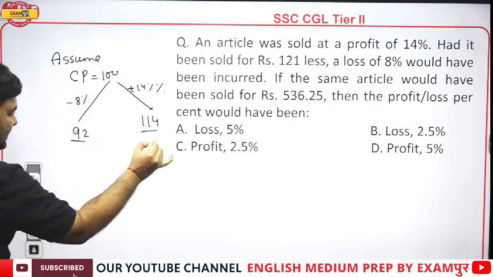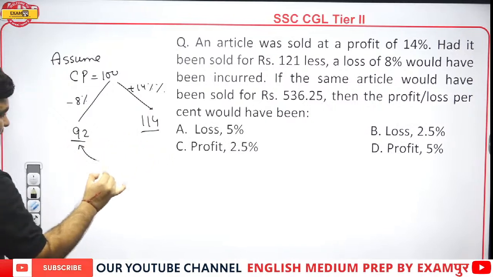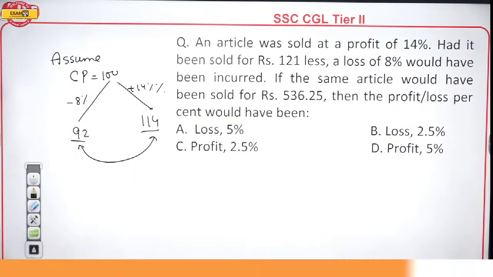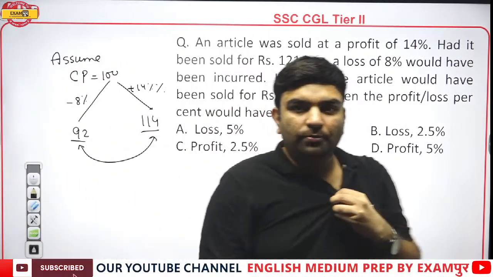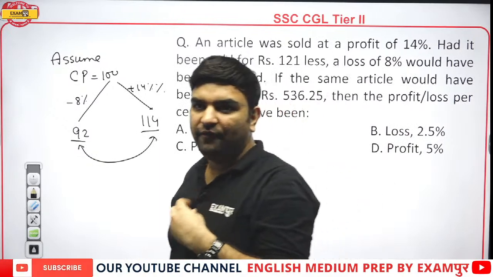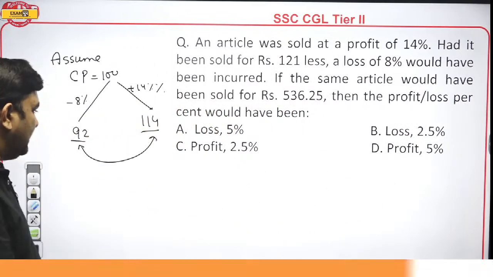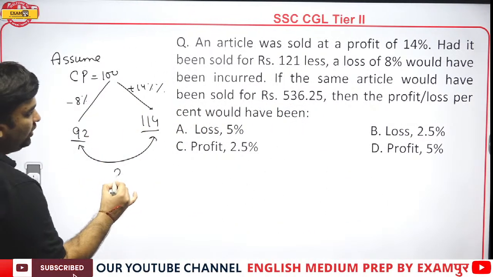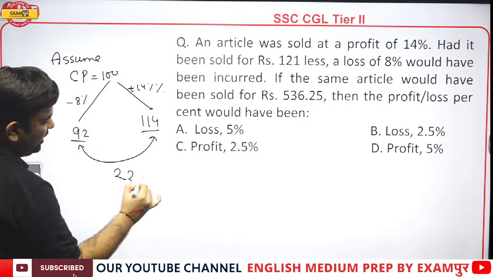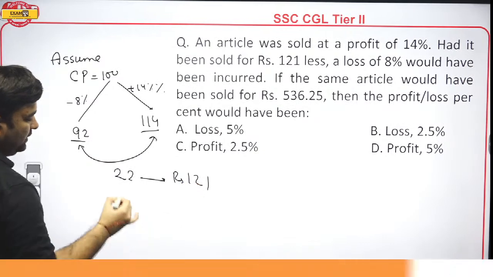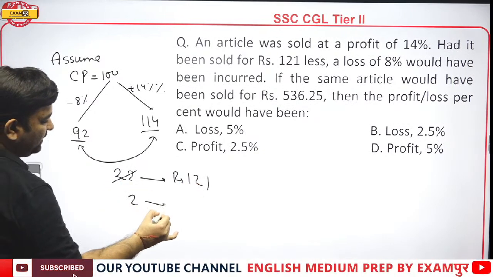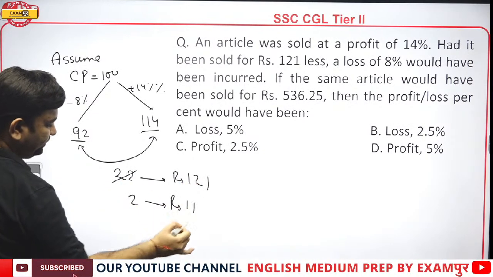So what is the difference between the two selling prices? The difference between the two selling prices is 14 plus 8, which is 22. 22 is given as rupees 121. 11 2s are 22, 11 11s are 121.